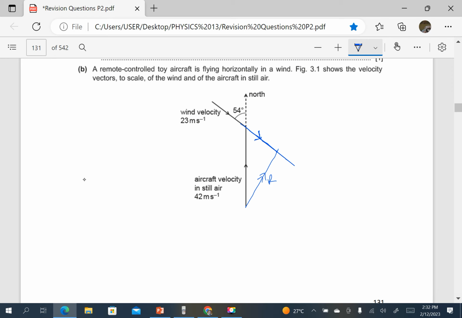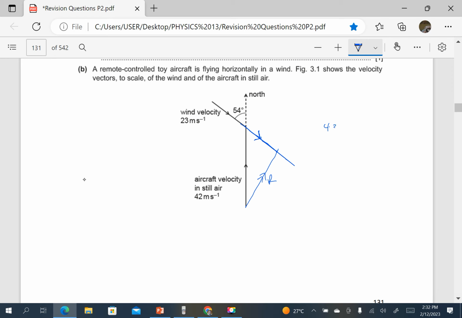Using a scale, I will measure. First of all, let me see the scale. 4.1, 4.2, 4.3.